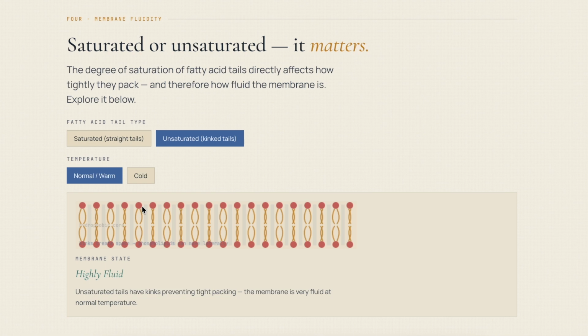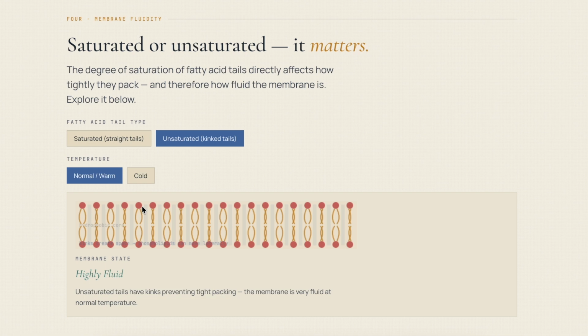Now, it's only in cis unsaturated fatty acids. That means that the double bond, the carbons either side of that, are on the same side. You have the other type that we've spoken about before when we looked at biological molecules, called trans unsaturated fatty acids, and that's where the hydrogens on the carbons are on opposite sides.